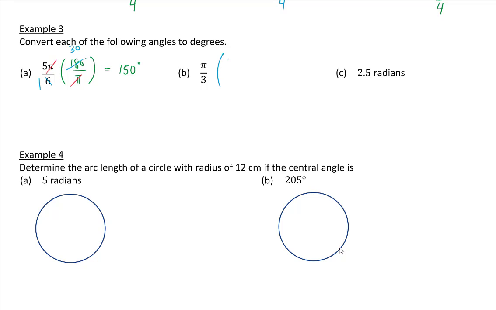Let's try it again. So we multiply by 180 degrees over pi. Pi's will cancel. And 180 divided by 3 gives us 60 degrees. And for the final one, we take 2.5, multiply it by 180 divided by pi. And that gives us 450 divided by pi, which if you use your calculator will give you 143.2 degrees.